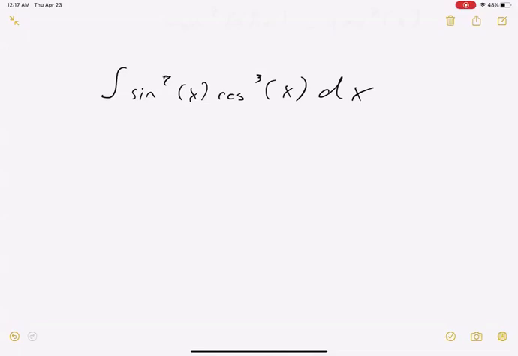Okay, looking at my table on page 481, I see that when I have an odd power of cosine and an even power of sine, what I want to do is split off one cosine.